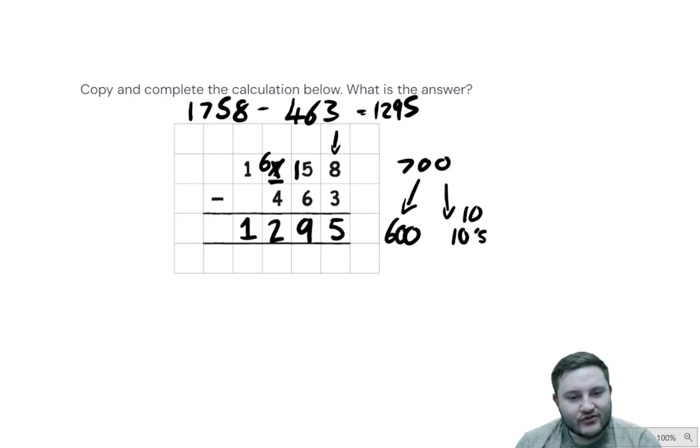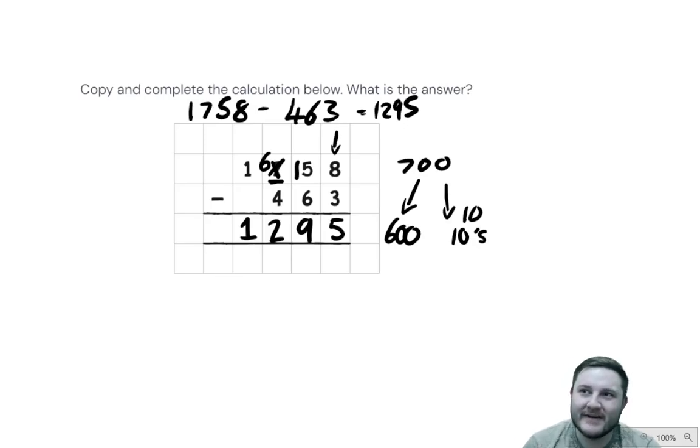So again, just to recap, the column addition and column subtraction are almost identical to each other. Obviously one of them you're adding and the other you're subtracting, but the key difference here is that it will be more common to perform an exchange so that you're allowed to do a subtraction. That's quite common in the column subtraction method.